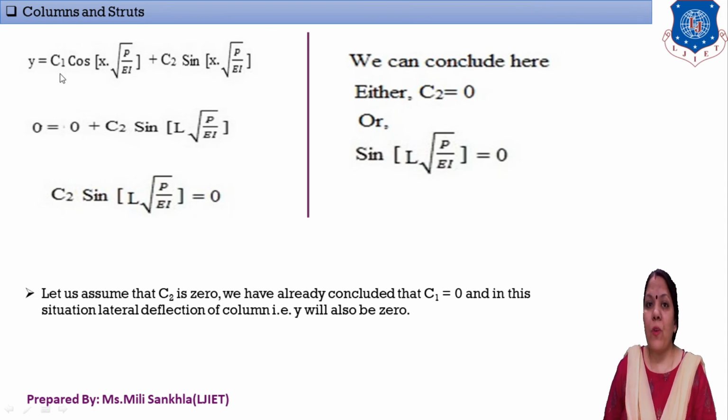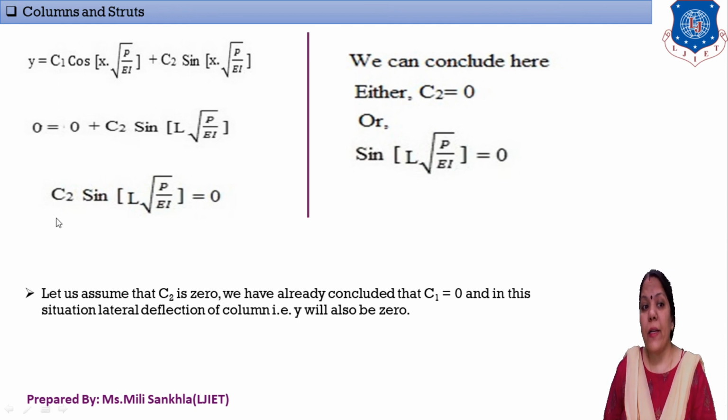Here the value of C1 is equal to 0, that we already found out. x is equal to L, but this term is 0, so the overall term is 0. y is equal to 0, and here C2 sin x, with x equal to L. Now C2 sin L under root P upon EI is equal to 0. Here there are two possibilities. First, constant C2 is equal to 0, and second, sin L under root P upon EI is equal to 0.